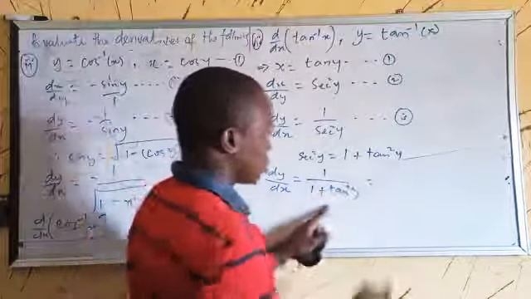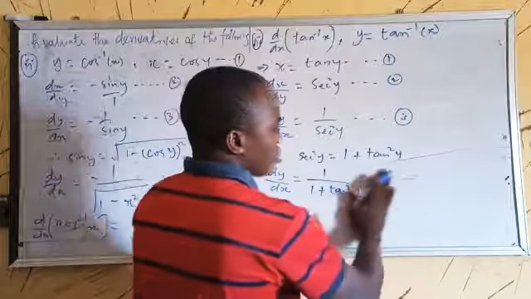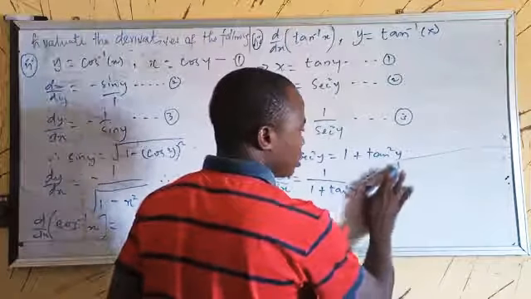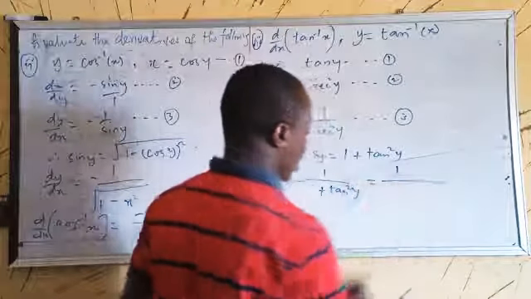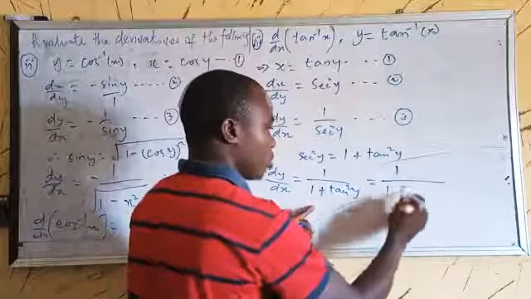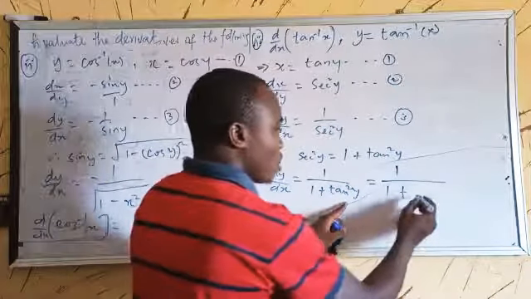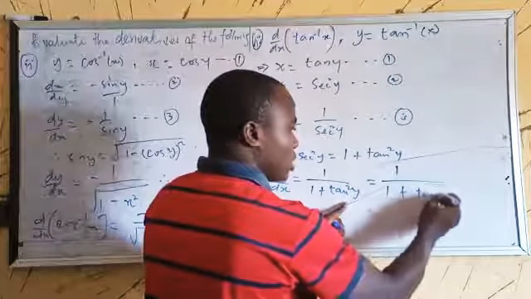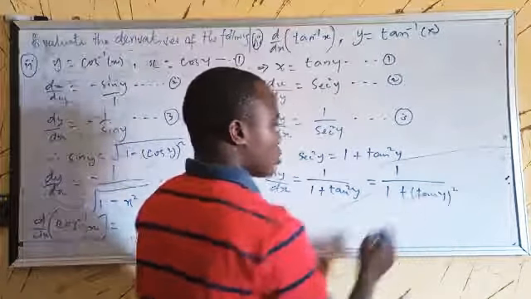Now if this is equal to that, we have 1 over 1 plus tan squared y, but don't forget that tan squared y could as well be written in terms of x.